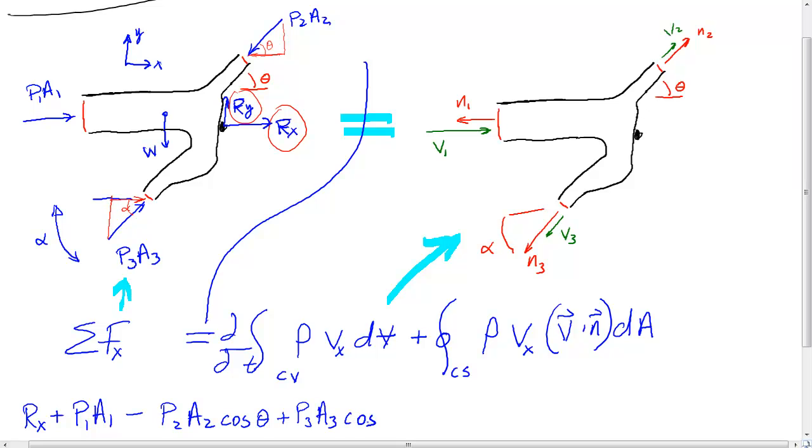So we end up with cosine of alpha. And I think that's all we end up with. We end up with the force over the first surface, second, and the third surface. All the other surfaces, the black lines here, the surface force got translated into those reaction forces, like we talked about a second ago.